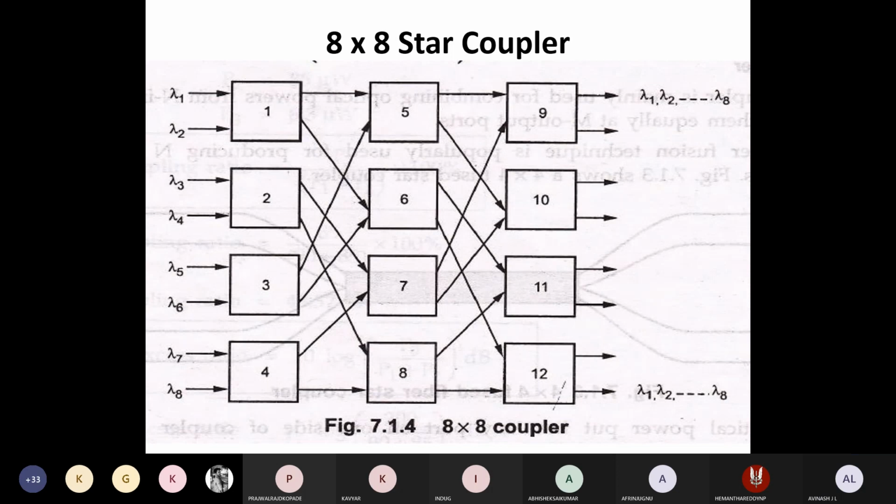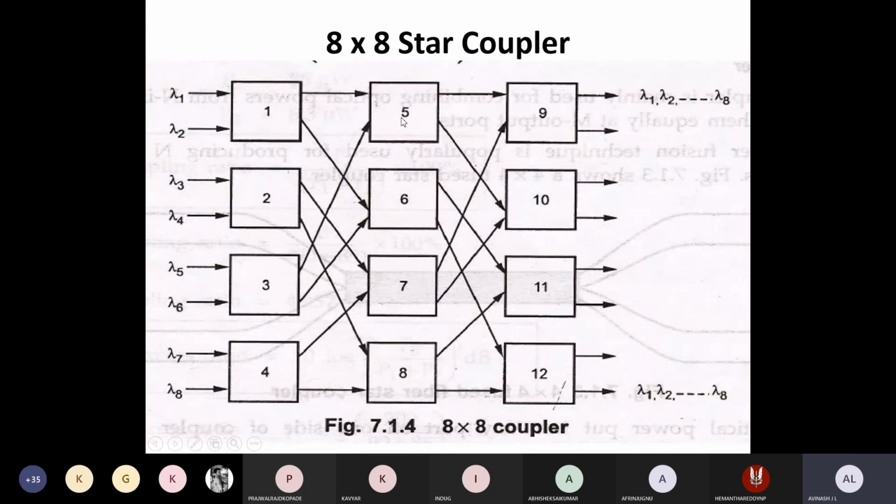In the initial stage, the first column, all inputs are coming: lambda 1, lambda 2 for the first, lambda 3, lambda 4 for the second, and so on. In the second stage, we need to combine the signals. Here lambda 1, lambda 2 is combined, and that lambda 1, lambda 2 content goes to coupler 5.